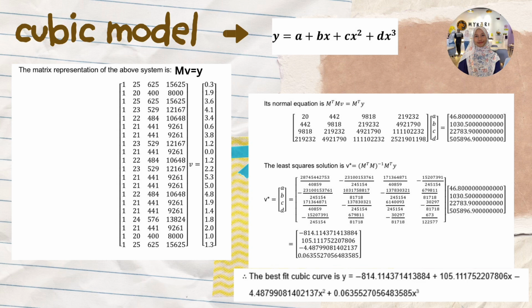So the best fit cubic curve is y equals negative 814.11437 plus 105.1117522078006x minus 4.48799081402137x squared plus 0.0635270564835858x cubed.